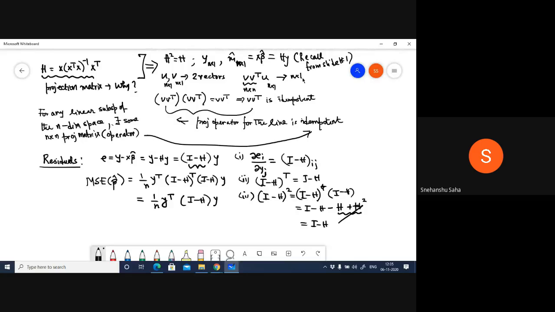So now you are able to write the mean square error in terms of the influence matrix. The next job is to find the expectations and covariances.